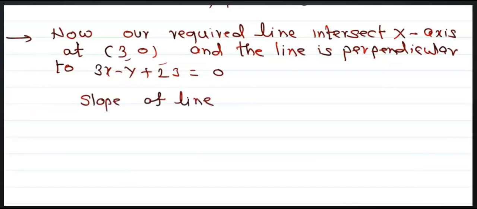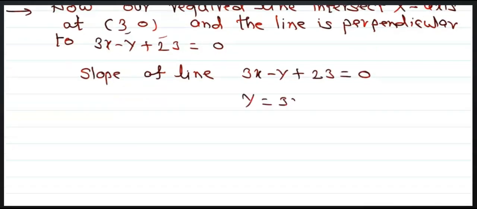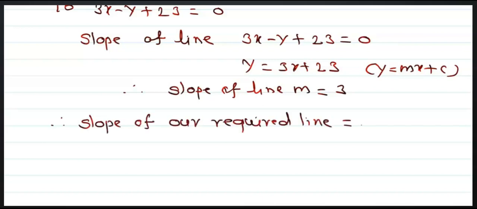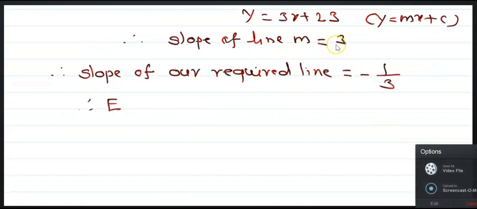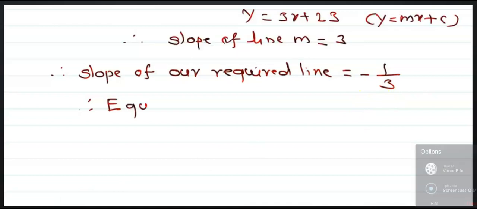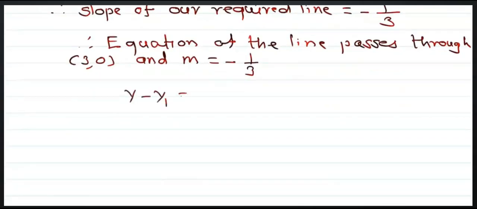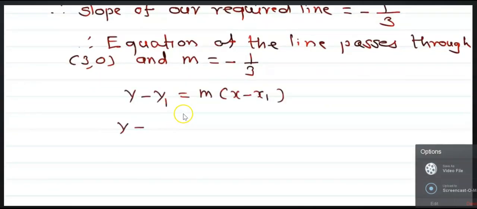Therefore, we write the given line in the form y is equal to mx plus c. The slope of the line is 3. Now, our line is perpendicular to this line. Therefore, the slope of the required line is the negative reciprocal of 3, that is minus 1 upon 3. The line passes through 3, 0 and m is equal to minus 1 upon 3. Therefore, its equation is y minus y1 is equal to m in bracket x minus x1.